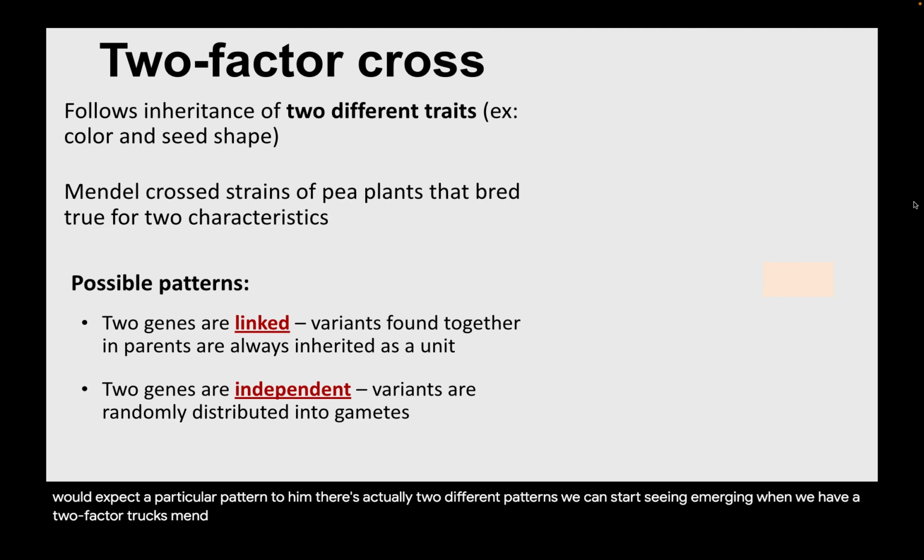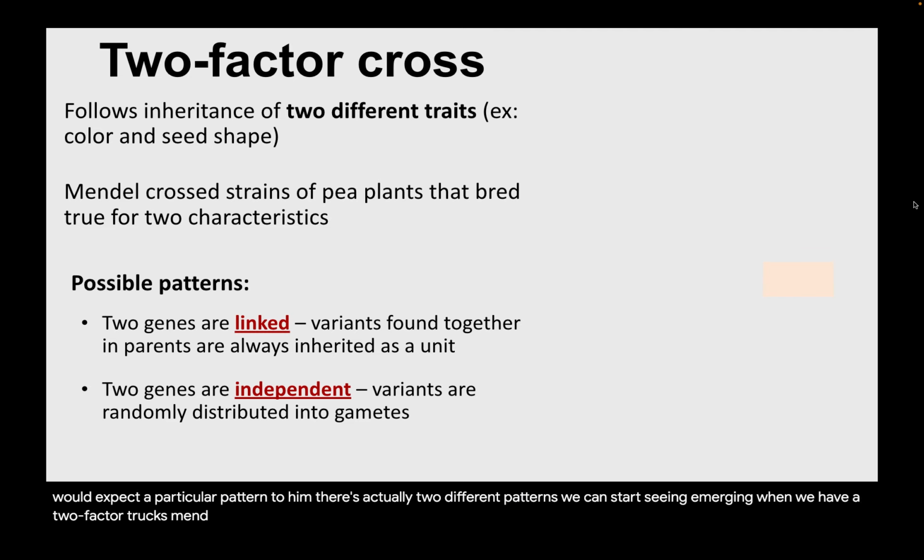Right? So if we see genes that were not linked, that were independent of each other, typically those genes are going to be found on different chromosomes or on one chromosome but far apart from each other. Versus if those genes were linked, typically those genes would be on the same chromosome and they would be very close together.